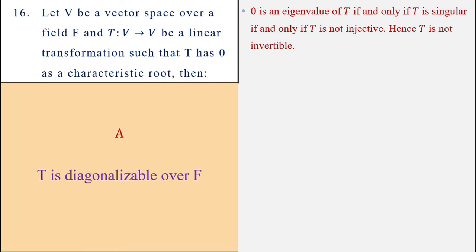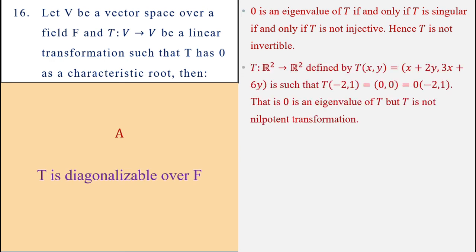The explanation: 0 is an eigenvalue of T if and only if T is singular. And T is singular if and only if T is not invertible, and so if and only if it is not injective. Okay, means T is not invertible.